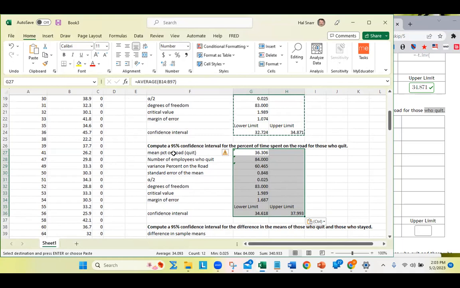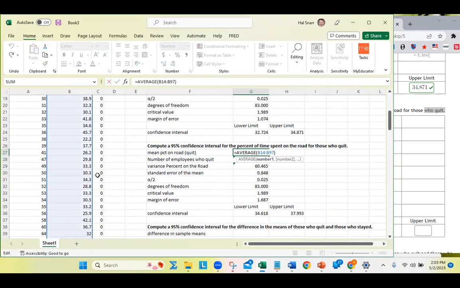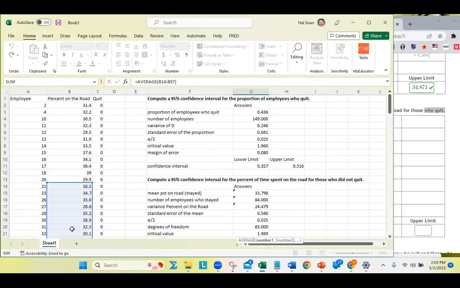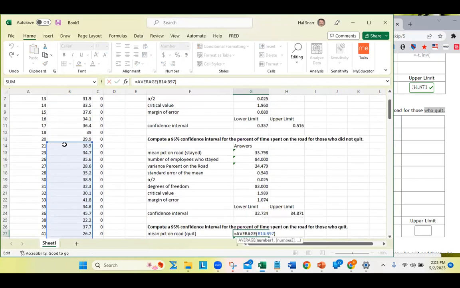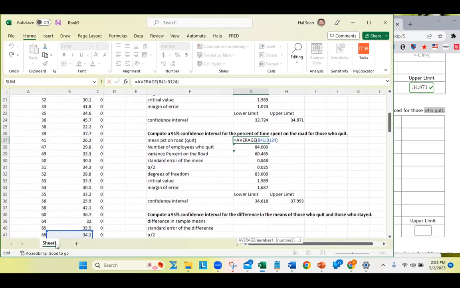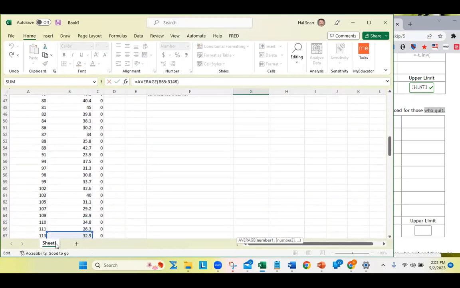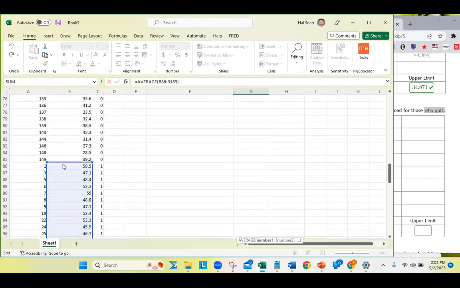So the mean percent on the road who quit. If you double click it, you get a box here, right? Notice that the box moved. What I'm going to do is grab the top of it and pull it down until I get to the ones. Now I'm going to move it back up here to the ones.